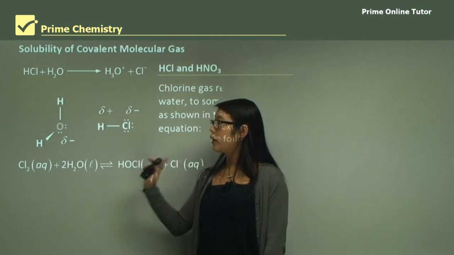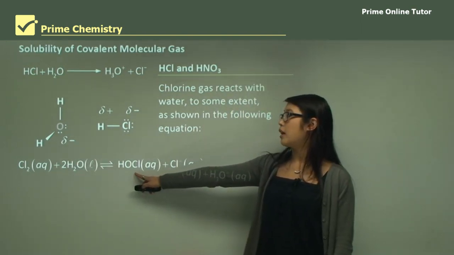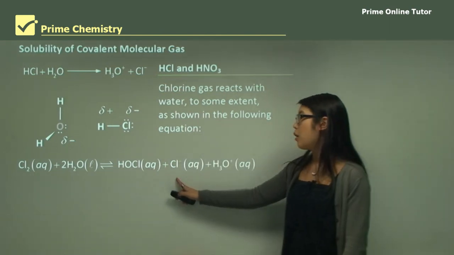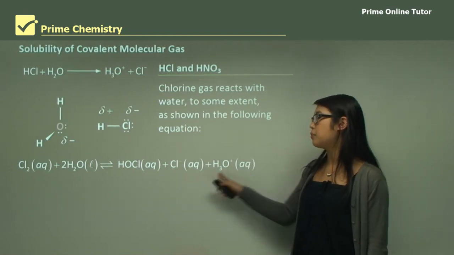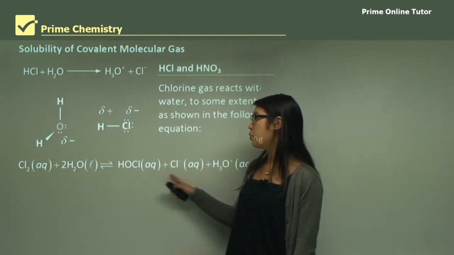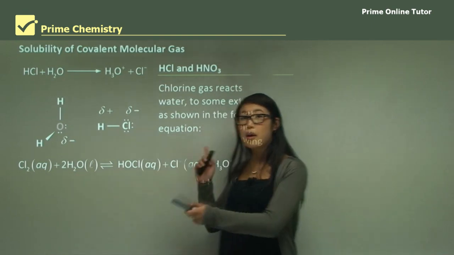When we're going this way, the chlorine and the water react and form HOCl in aqueous solution, with chloride ions in aqueous solution, plus the hydronium ions in solution. But the other way can also occur. We can have all these three going together to form the reactants again. So it goes both ways.